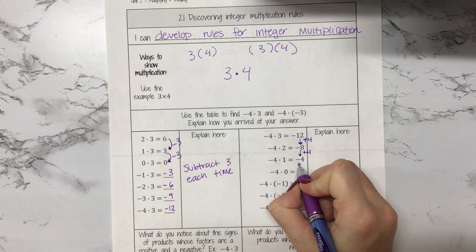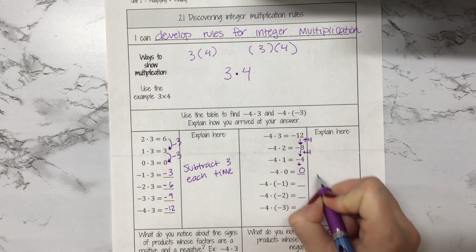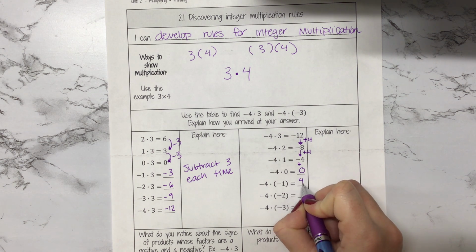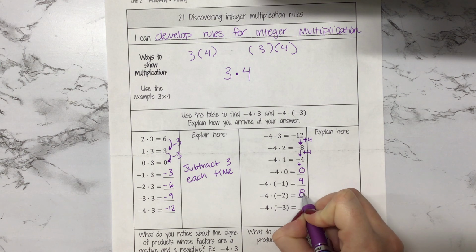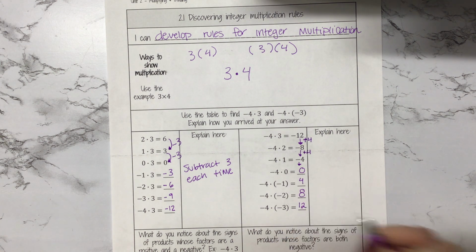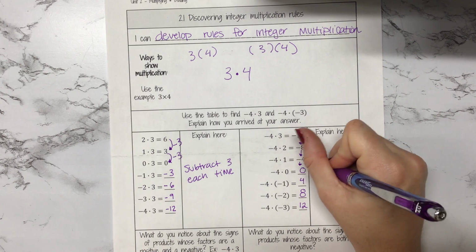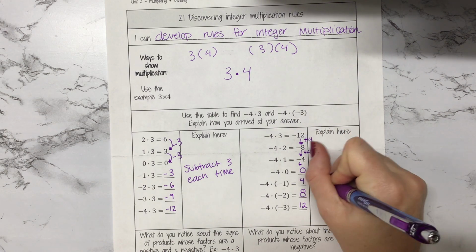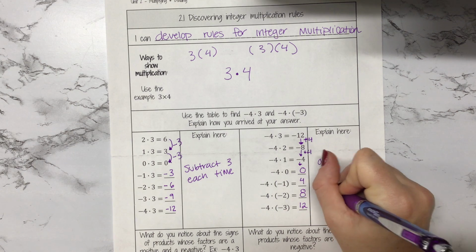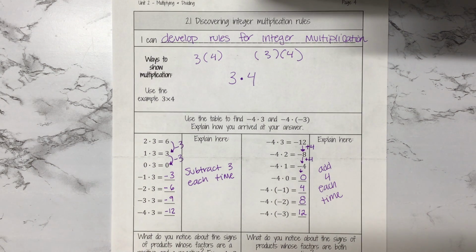So each time I add 4, negative 4 plus 4 is 0. 0 plus 4 is 4. 4 plus 4 is 8. 8 plus 4 is 12. And I added 4 each time. I saw the pattern.